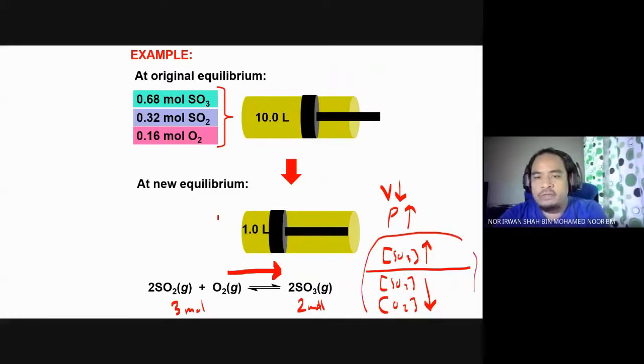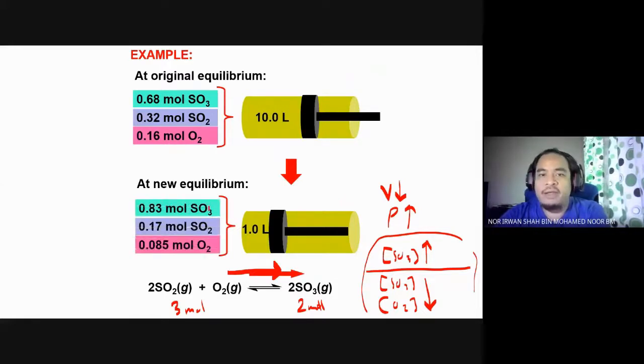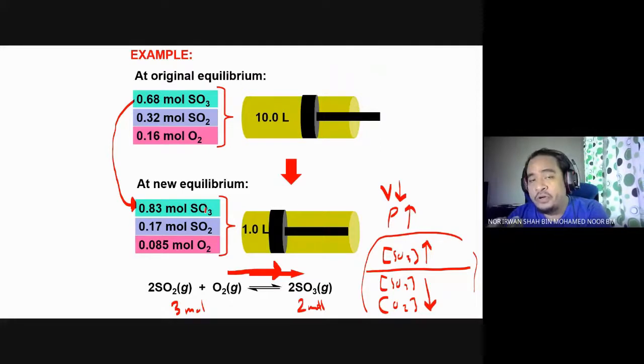So now let's look at the moles, the data here. Class, let's look at SO3 first. Initially the moles is 0.68, but at the new equilibrium its moles increases to 0.83. Why? Because the system shifts to the right to produce more SO3.